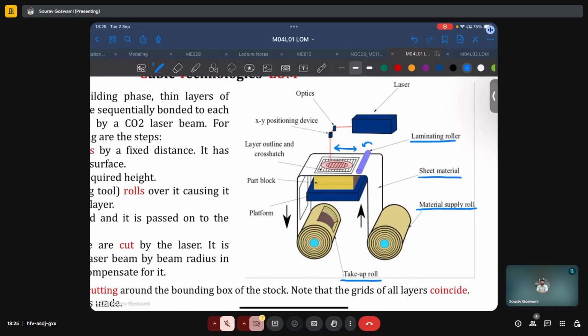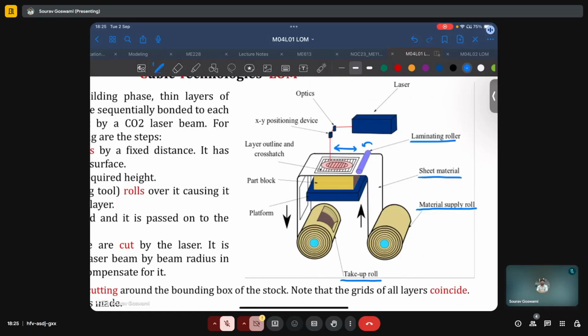By the action of this roller, the new sheet of material is stuck to the pre-deposited layers. It can use normal force in the case of force-activated glue, or some heat in the case of thermally activated glue, or typically a combination of both.